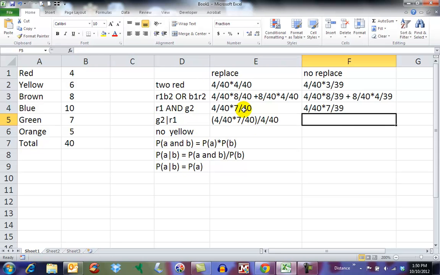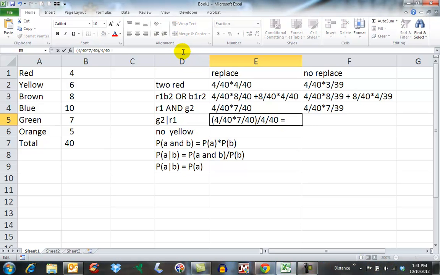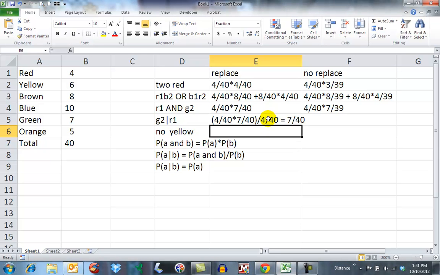Okay, well, that thing equals 7 divided by 40, because when we do this out, that disappears. We're going to make sure we put that in parentheses so that it knows that it's doing that first.